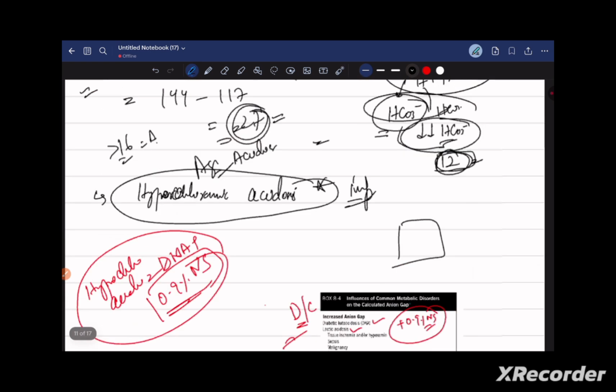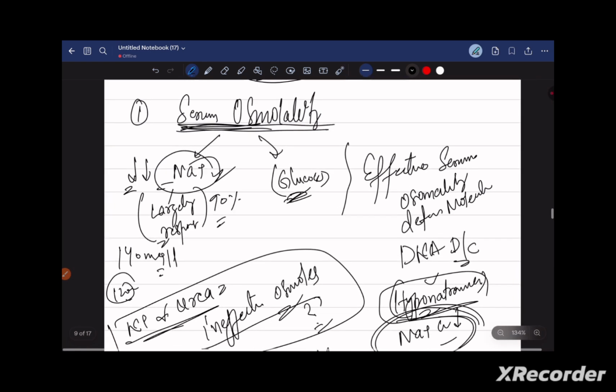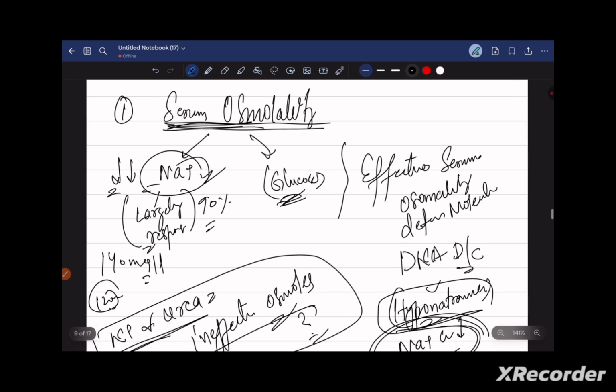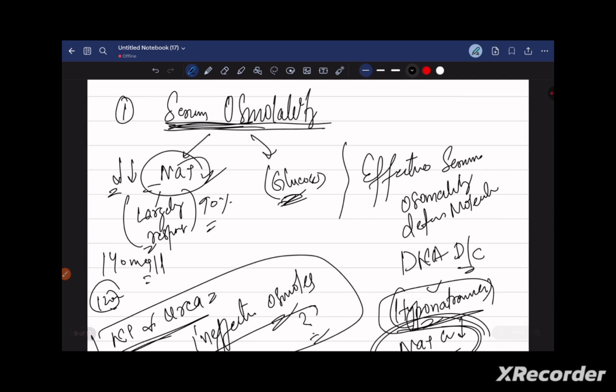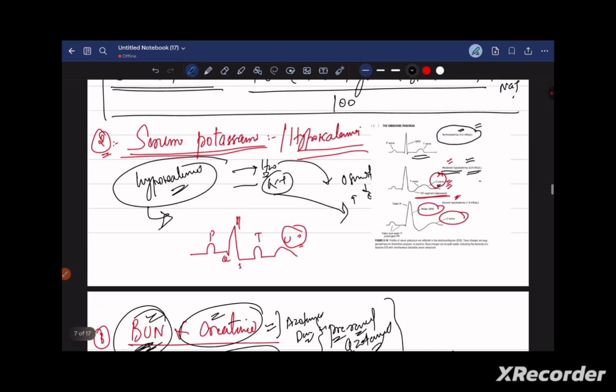In the next lecture, we will be dealing with the management and treatment of DKA, and after that the macrovascular complications, diabetic retinopathy, neuropathy, nephropathy, and the hyperosmolar syndrome.